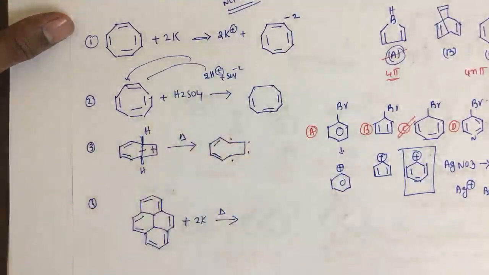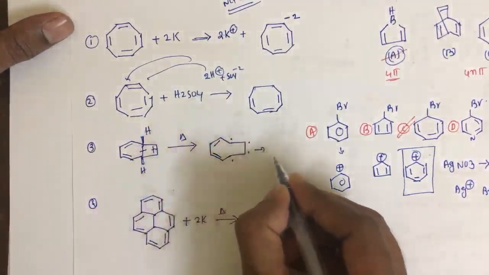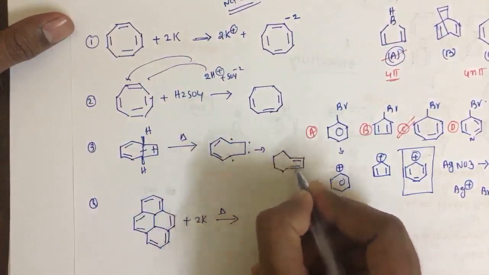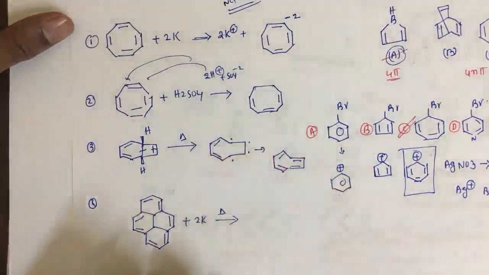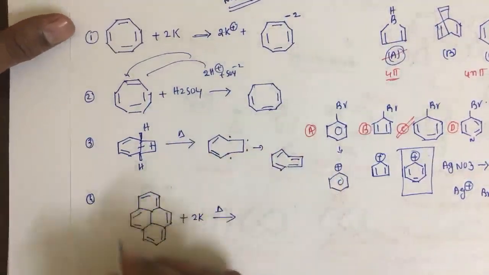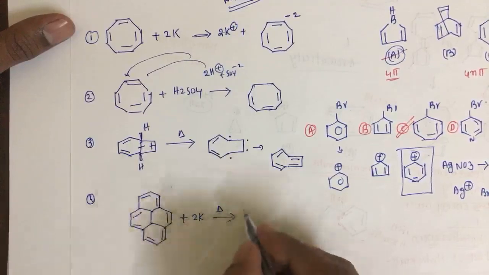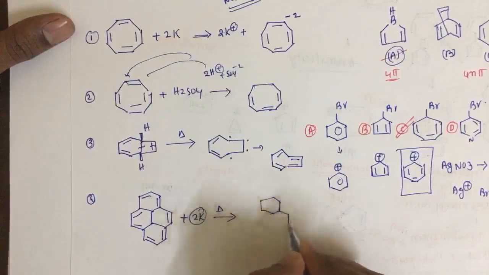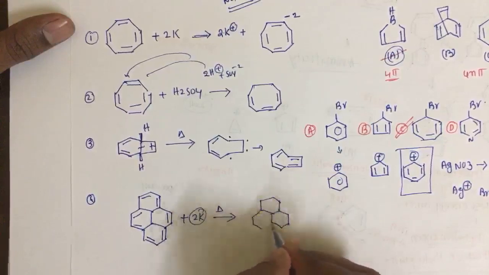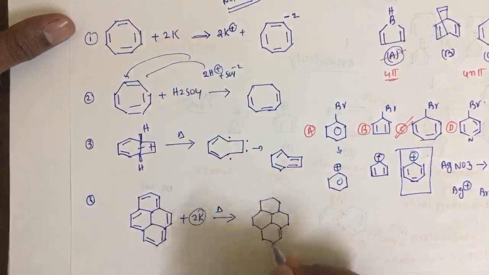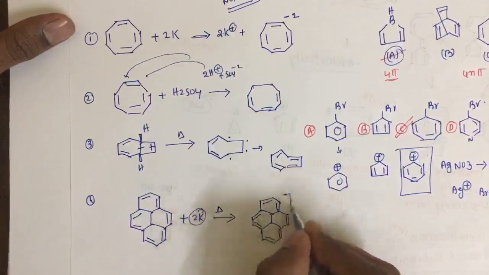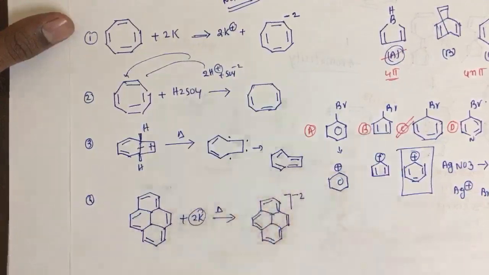Okay, so now these two form a bond, and these two form a bond, and to the total system 2 electrons are adding. So however many metals they give, that many electrons will get added. Here -2.